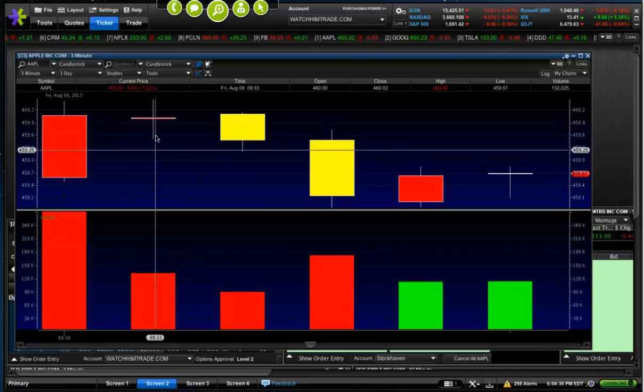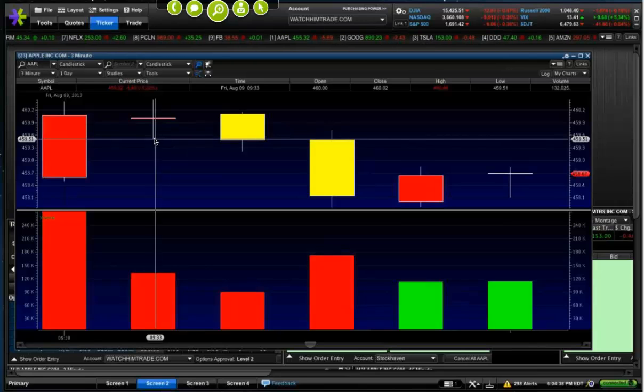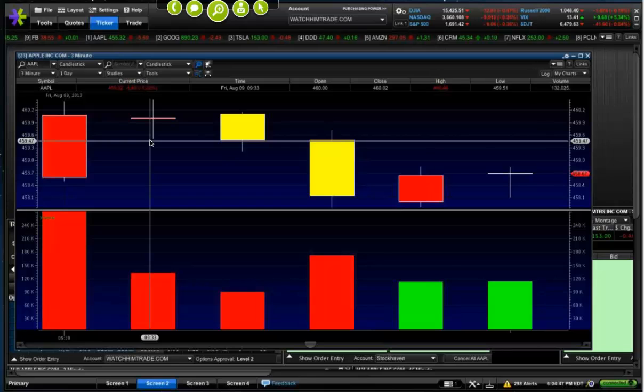The initial 6-minute low, that is the low from the 9:33 to 9:36 range. So your initial 6-minute low on Friday, August 9th on Apple is 459.51. Your initial 6-minute high was 460.46, and your initial 6-minute close was 460.02. So your I6MH, I6ML, and I6MC.